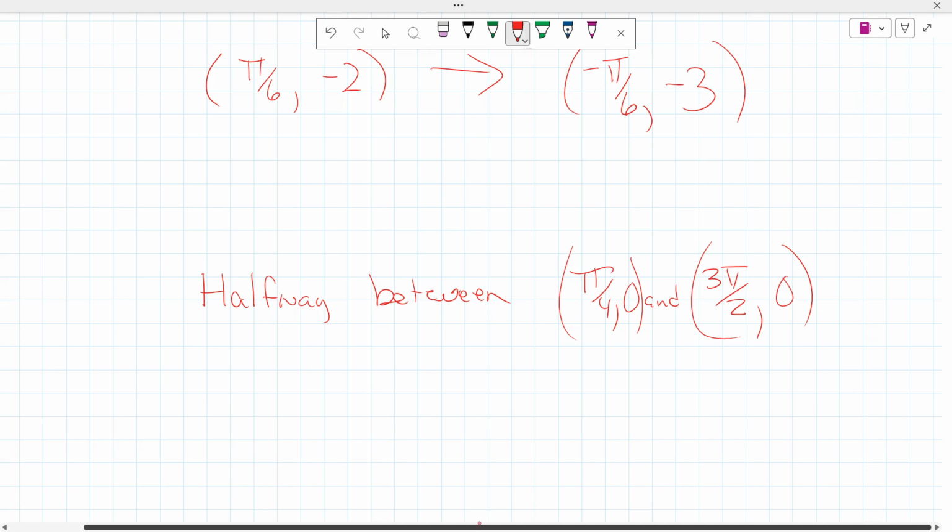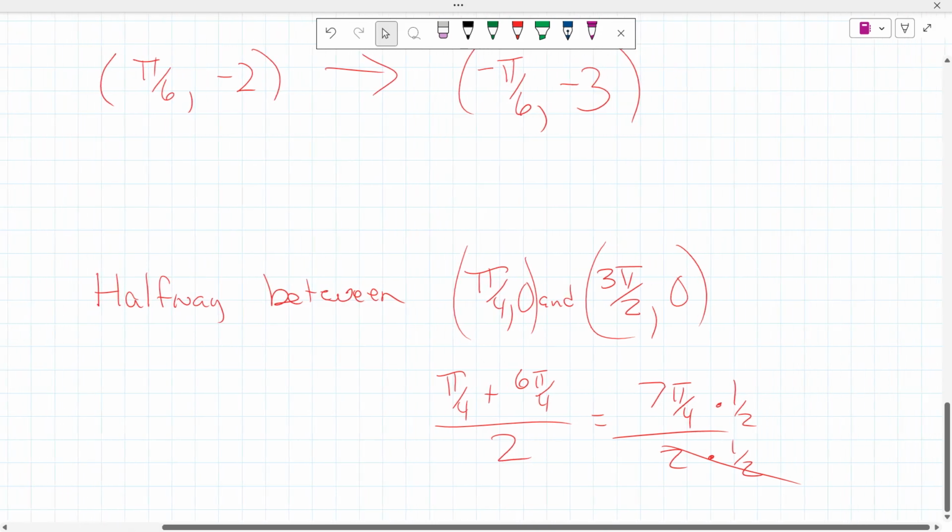Okay? So pi over 4 plus, what's 3 pi over 2 in terms of fourths? Well, it's 6 pi over 4, and divided by 2. 1 pi over 4 plus 6 pi over 4 is 7 pi over 4 divided by 2. If you divide by 2, that's the same as multiplying by 1/2.